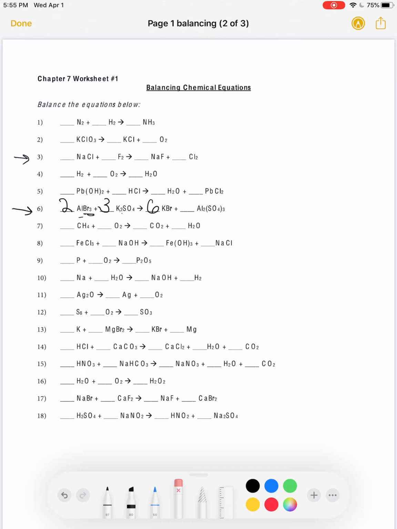Okay, I'm going to do one with you with a polyatomic that does not remain the same. So you can't always just keep the polyatomics the same. The polyatomic, for example, here we've got hydroxide. And I also want to point out to you here that you have hydrogens here and here, which is annoying, but it's okay. We're going to deal with it.